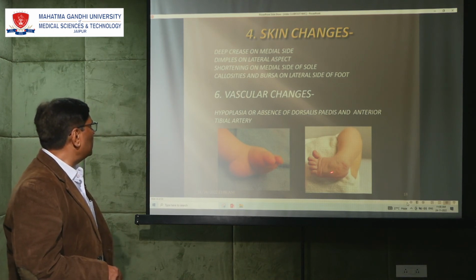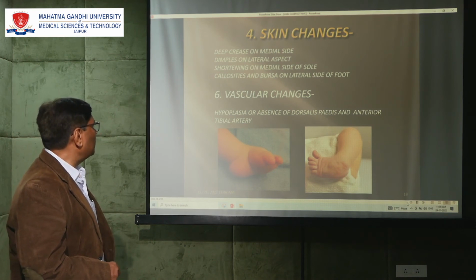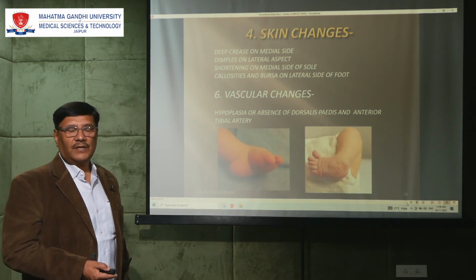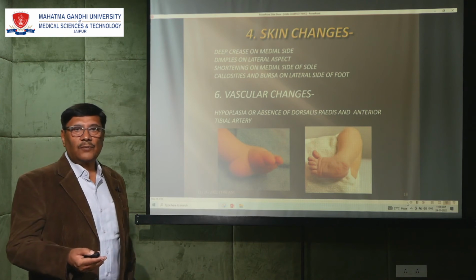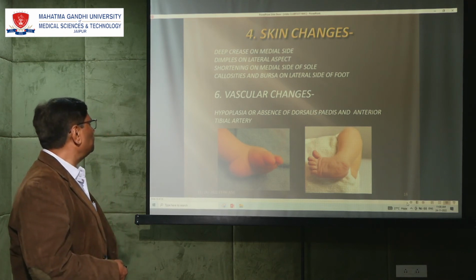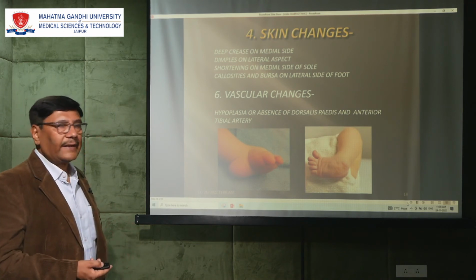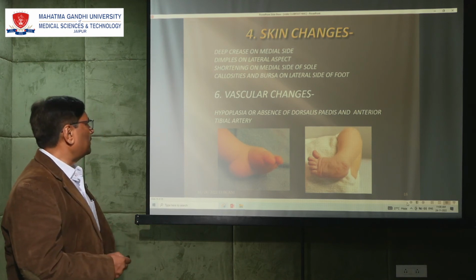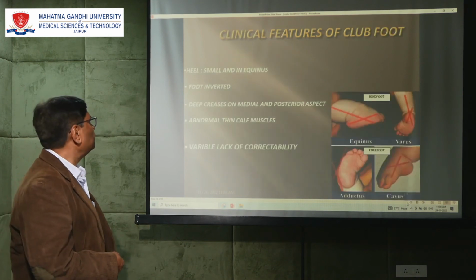There are dimples on the lateral aspect, and there are callosities and bursa. When the child is neglected, he doesn't get treatment. He walks on the lateral border of the foot. So the longer lateral border of the foot gets callosities and bursal development. And sometimes in long-standing neglected cases, there are vascular changes. There may be hypoplasia or absence of the dorsalis pedis and anterior tibial artery.